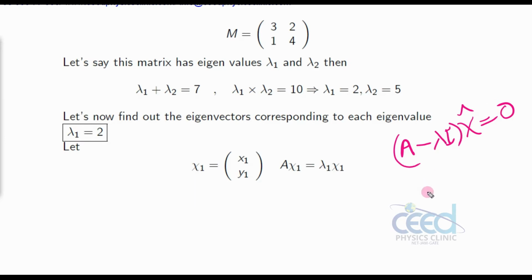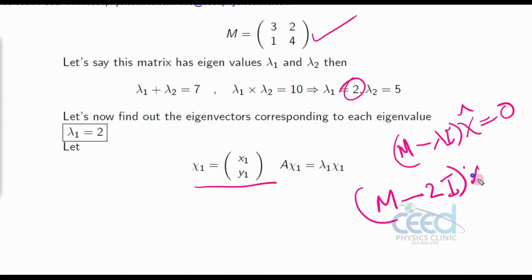Here I can write the matrix as M. So, corresponding to the different eigenvalues, for the first eigenvalue 2, (M minus 2I) x1 cap is equal to 0.